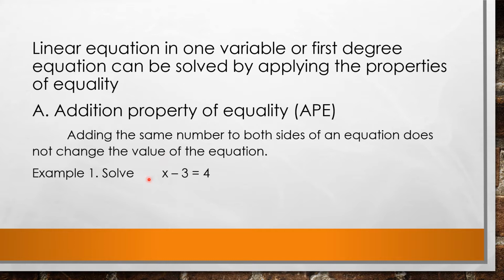For example, let us solve x minus 3 is equals to 4. Then, by adding a positive 3 to both sides, the answer is 7. So all you have to do is just cancel. Because this is already 0 pair, so bring down x, and then 4 plus 3 is equals to 7.